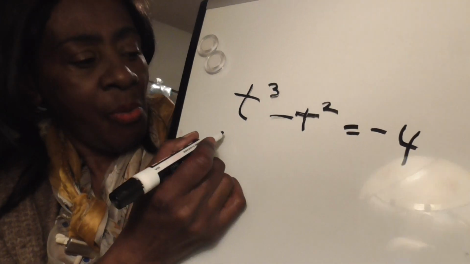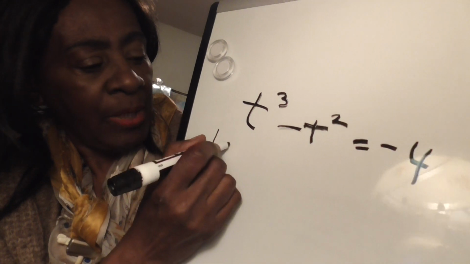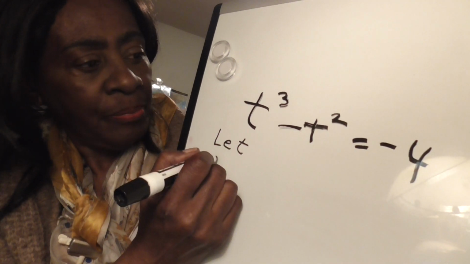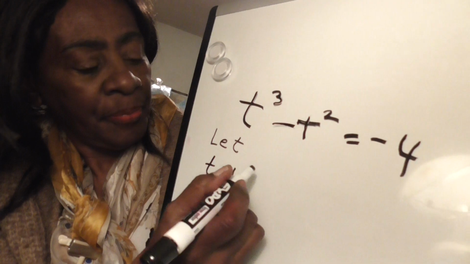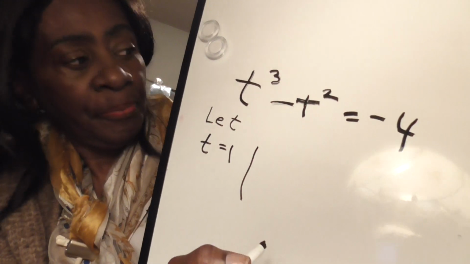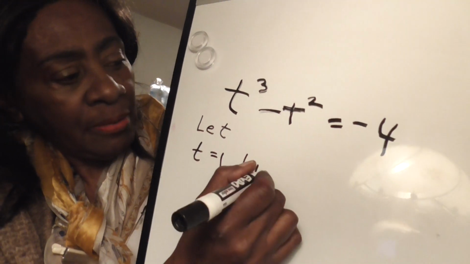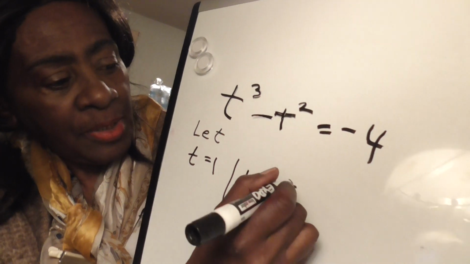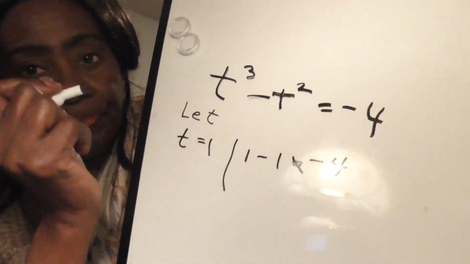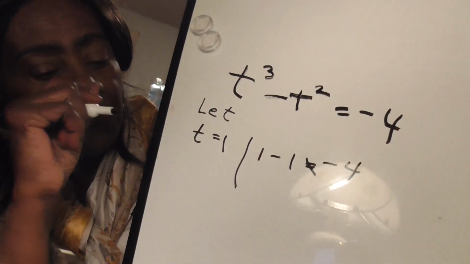If we let t equal 1, what do we get? t to the third power is 1, minus 1 does not equal 4.